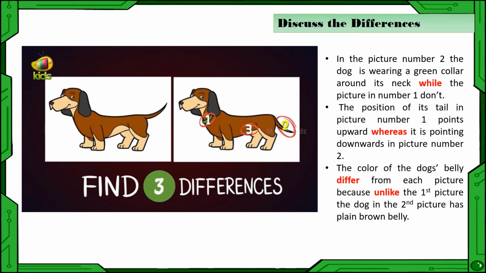For the third one, I make it like a reasoning sentence. The color of the dog's belly differs in each picture because, unlike the first picture, the dog in the second picture has a plain brown belly. So I just state what the other picture has. For this example, we used while, whereas, differ, and unlike.